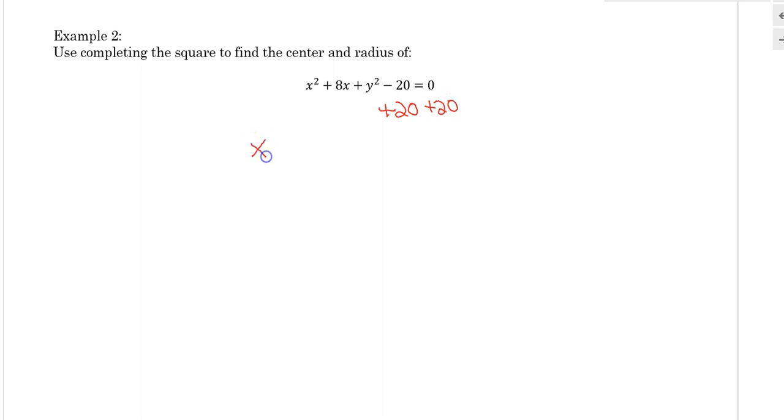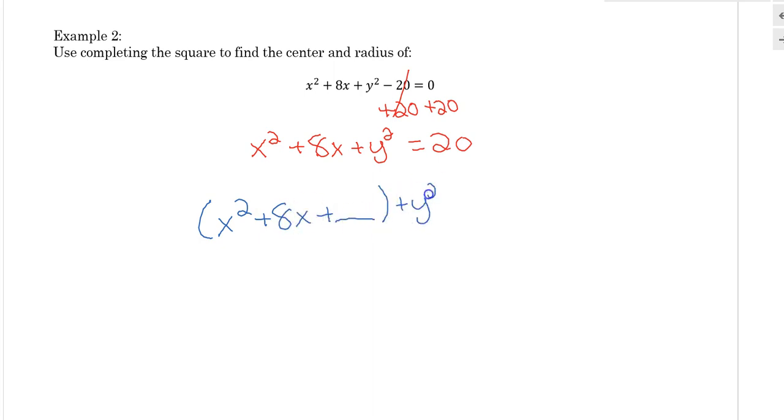So I have x squared plus 8x plus y squared, these go away, equals 20. Step 2, rewrite all your x terms in the parentheses. X squared plus 8x plus blank plus y squared equals 20 plus blank.